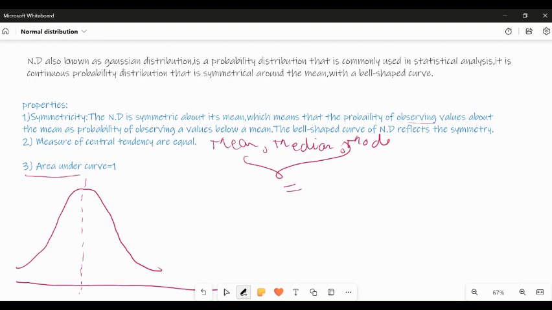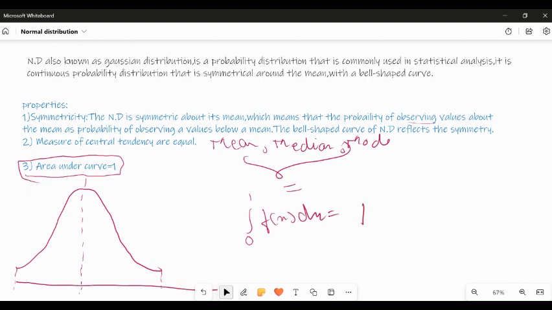And the third thing, the most important, is that the area under the curve is equal to 1. It's nothing but my lower limit and my upper limit of the data. If I'm finding the area, say from 0 to 1, it's not the actual value, but I'm just giving an example, then you will get the value as 1.